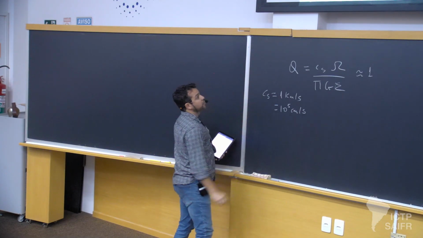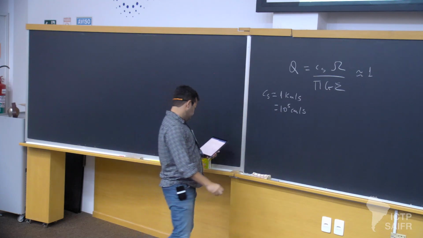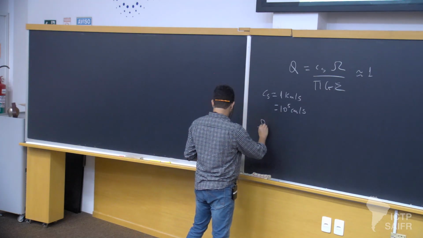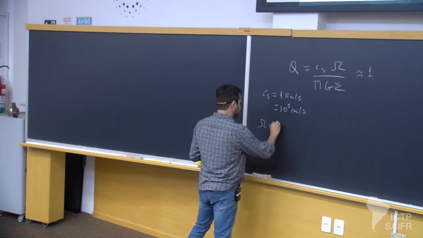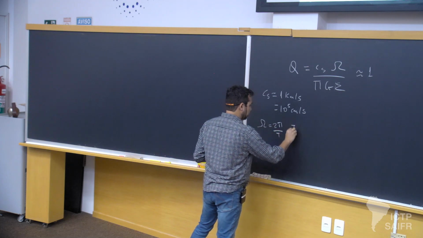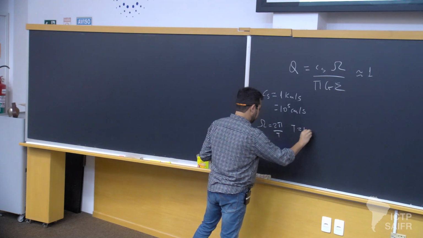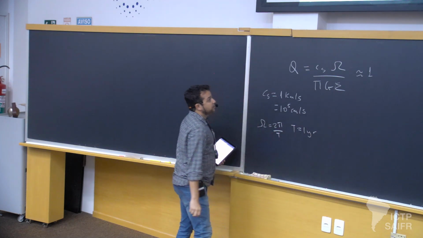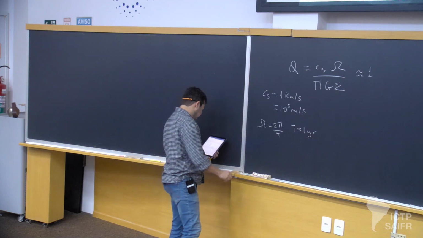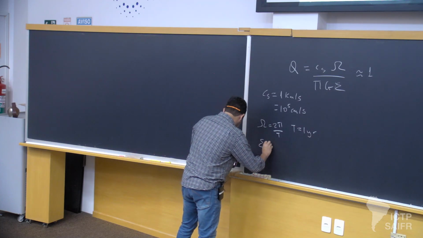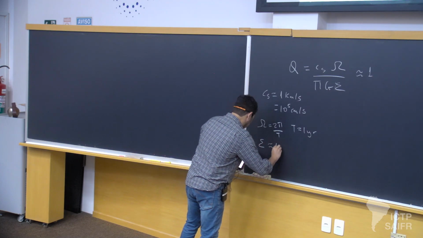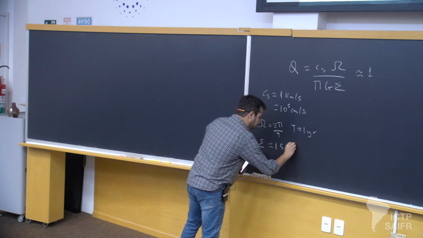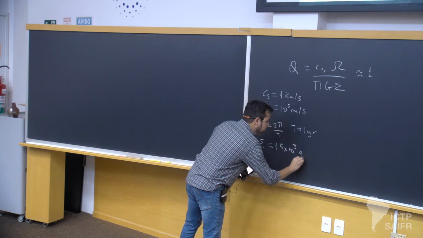So omega, let's say that we are at 1 AU. So omega here is 2 pi over tau, and the period would be 1 year at 1 AU. The typical densities in these massive disks would be a little more than the minimum mass solar nebula. So let's give about 1.5 times 10 to the 3 grams per cubic centimeter.